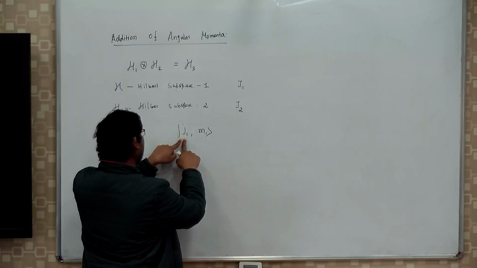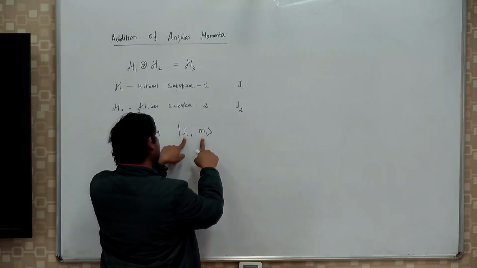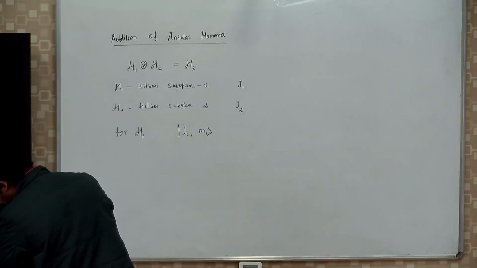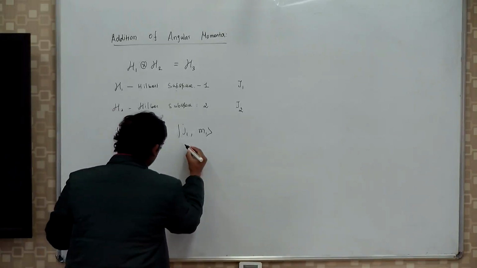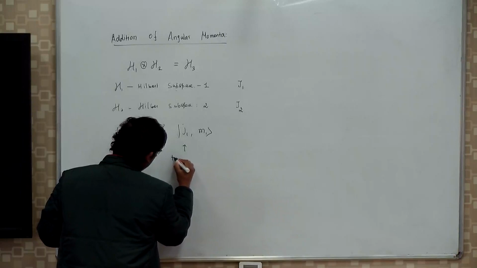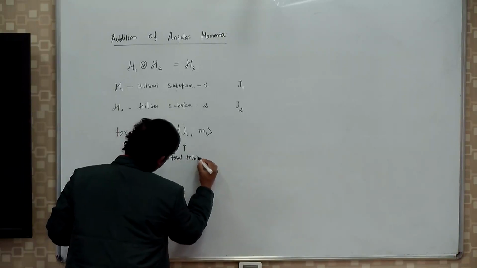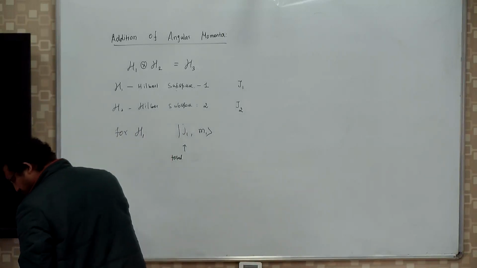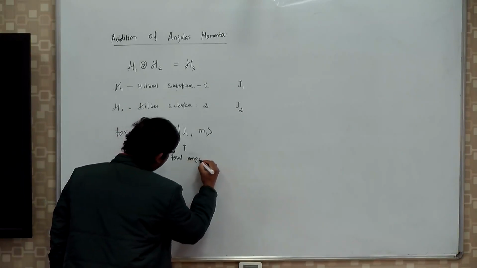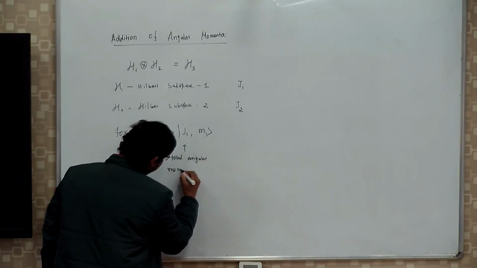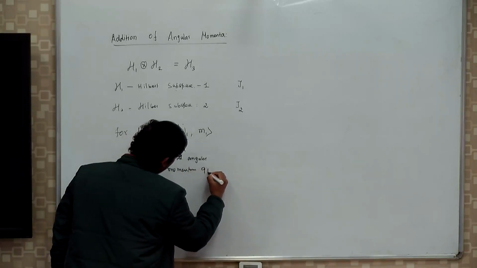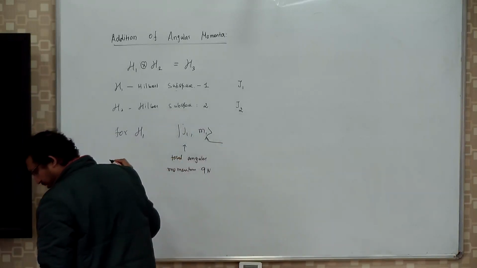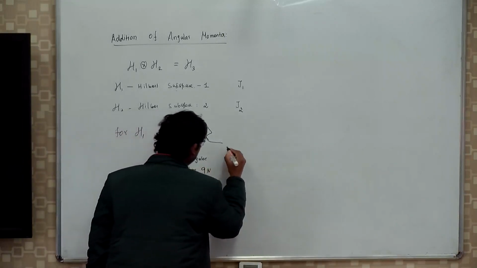J1 is the total angular momentum quantum number, and M1 is the magnetic quantum number.